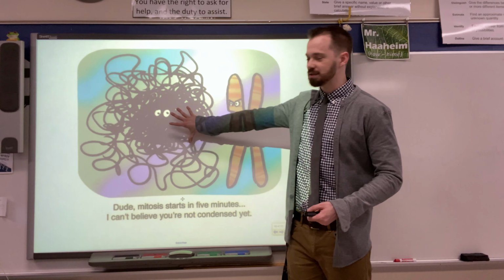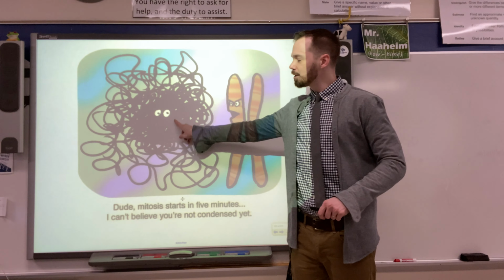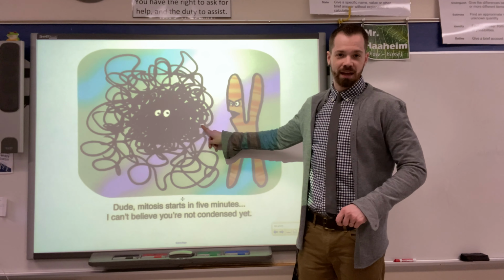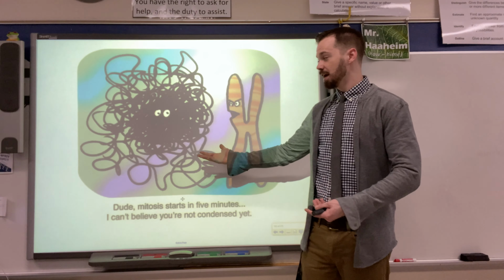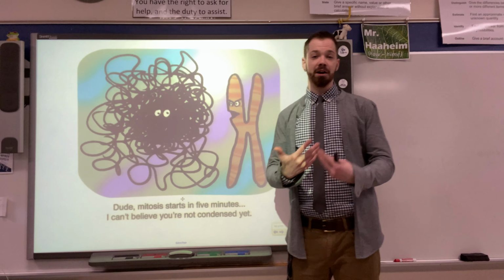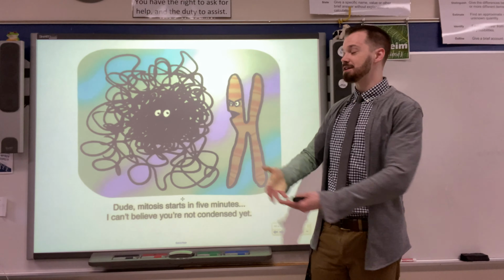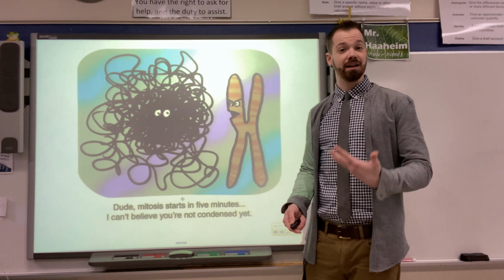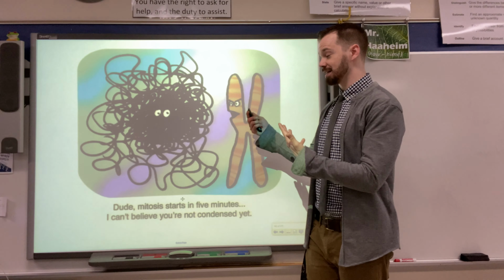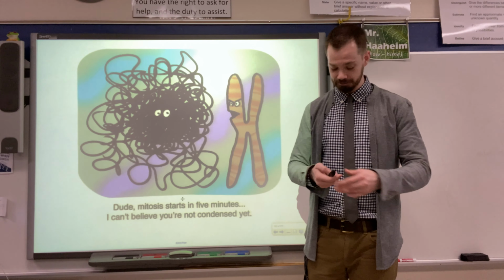So for instance, if this was inside of a pancreas, there would still be a little area that's packed up and that would be some of the genes that the pancreas isn't using. But then there would be other genes that are unpacked, that are expressed, that are not supercoiled, and that might be something unique to a pancreas, like creating the protein insulin. You have to read the insulin gene if you want to make insulin.